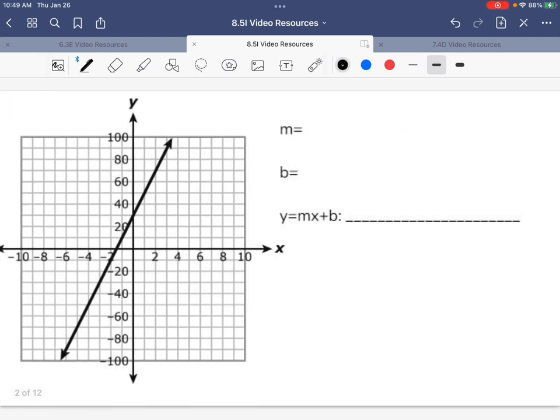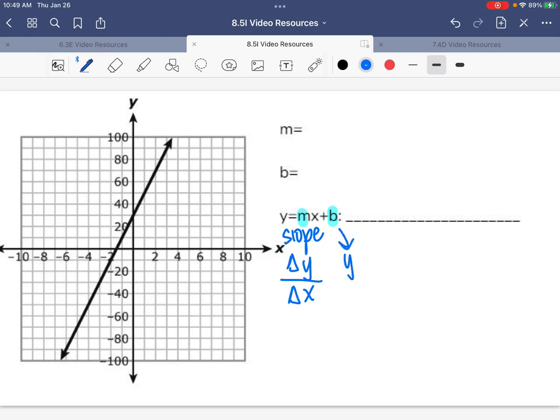So now we have a graph, and it is increasing, which tells me my slope will be positive. I still need to write my equation, which means I need my slope, and I need my y-intercept. Remember, slope is the comparison of change in y to that change in x.